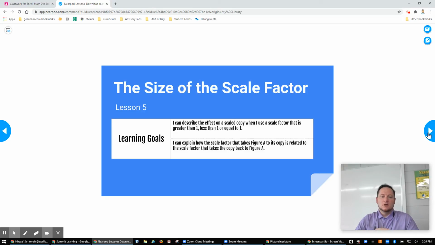And also, I, the student, can explain how the scale factor that takes figure A to its copy is related to the scale factor that takes the copy back to figure A. In other words, if I have an original image, I go to a copy of that figure, B, what was my scale factor? And if I want to go from figure B back down to figure A, what would my scale factor be there? So as we go along through this, hopefully it will clarify what we're really meaning by those learning goals.